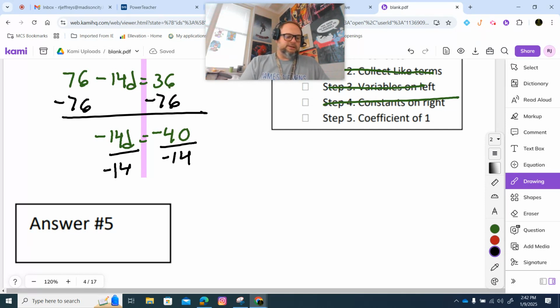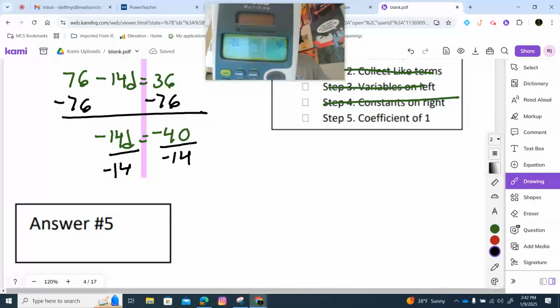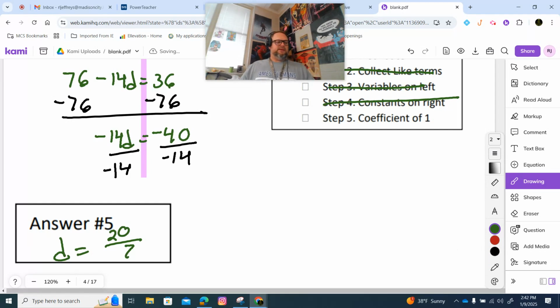Fat fingers and calculators don't normally work well together. All right. 20 over 7. Okay? Because we can all reduce it that way and get the right answer instead of saying round to the nearest tenth or hundredth.